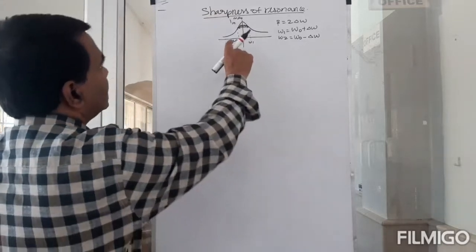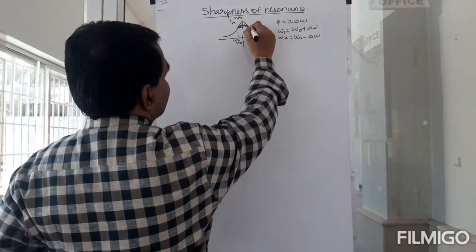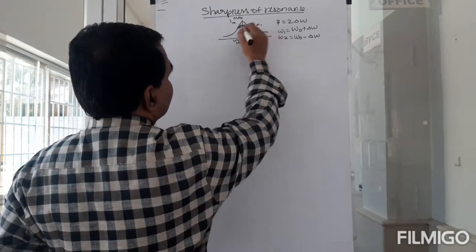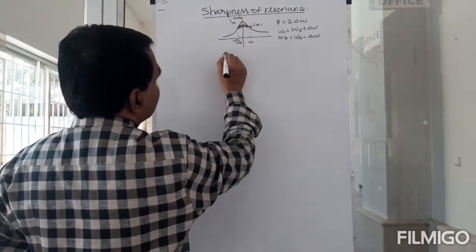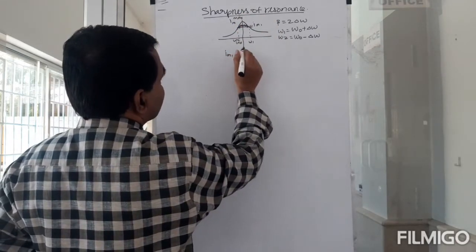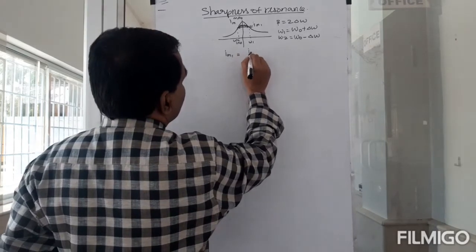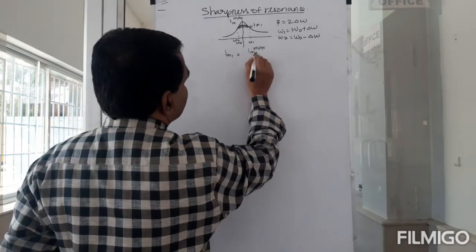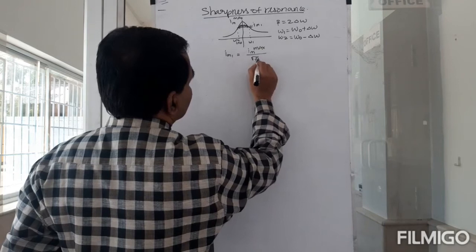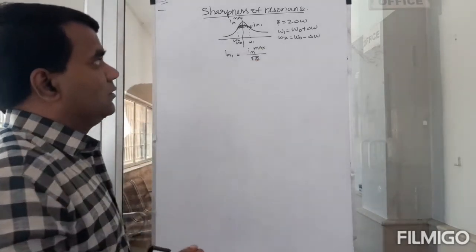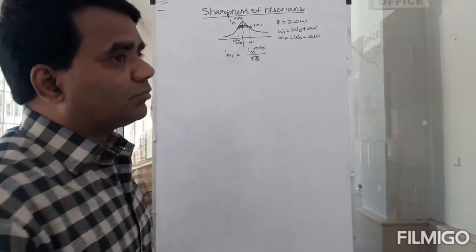So the current flowing here is IM1, and that IM1 is equal to IM max by root 2.